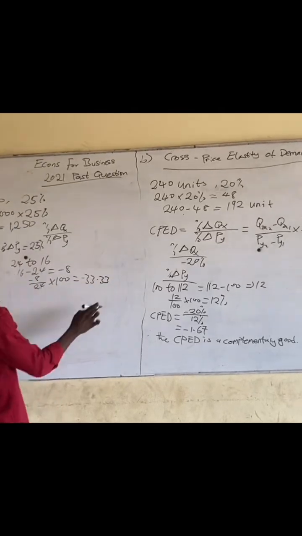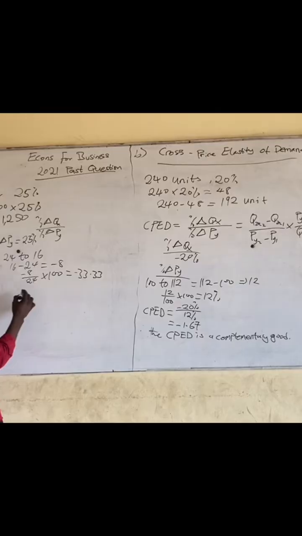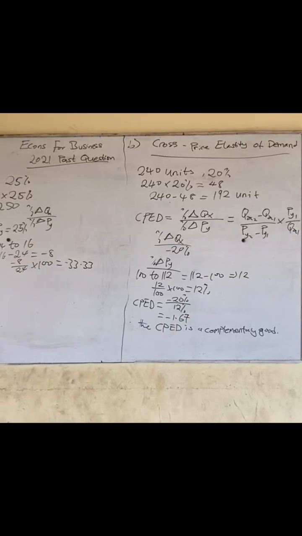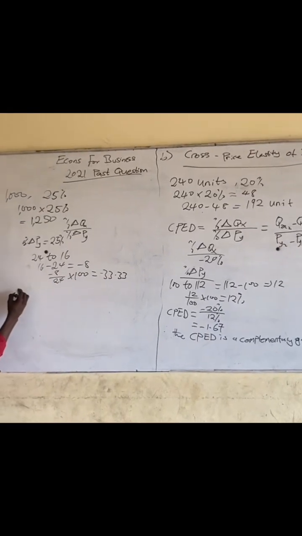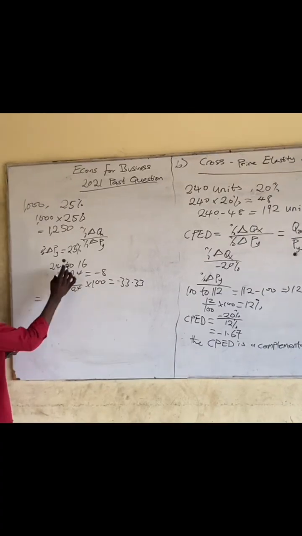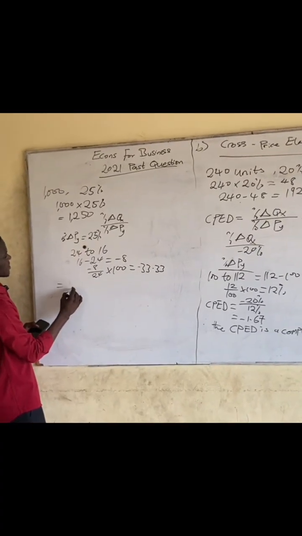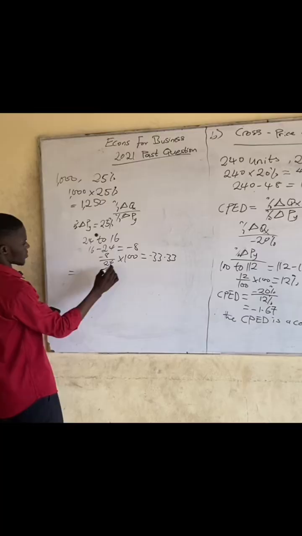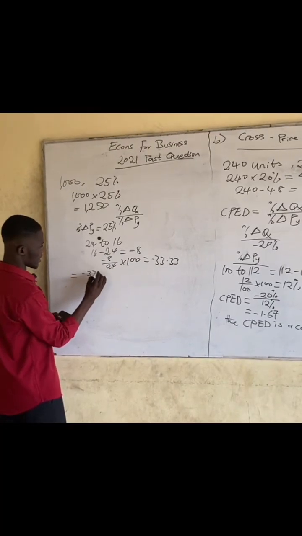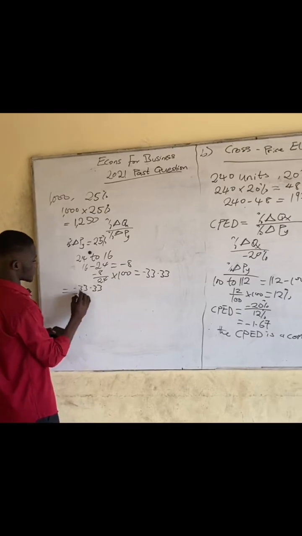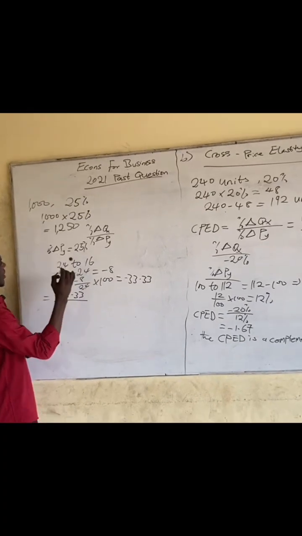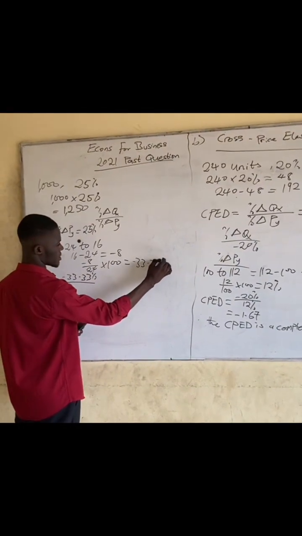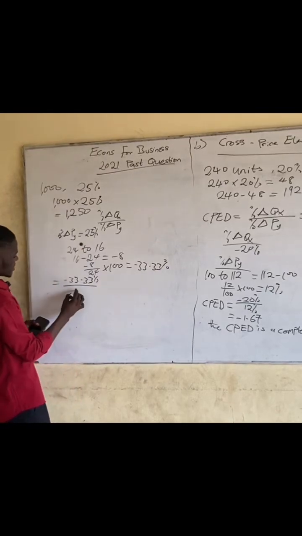Okay, so if you get this, it's also okay for you. So income elasticity of demand will give you the quantity first, which is minus 33.33, all divided by our percentage change in income, which here will be 25%.